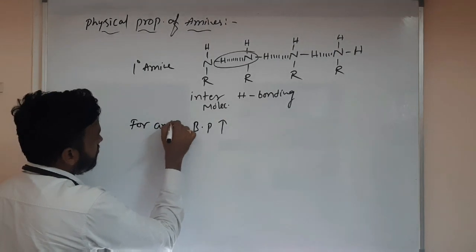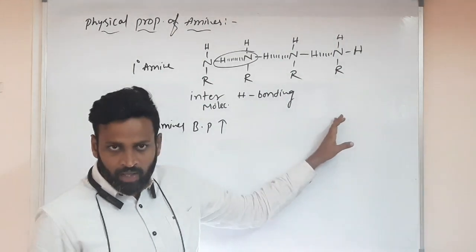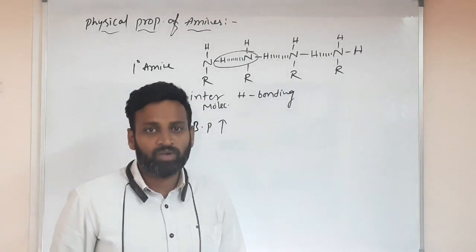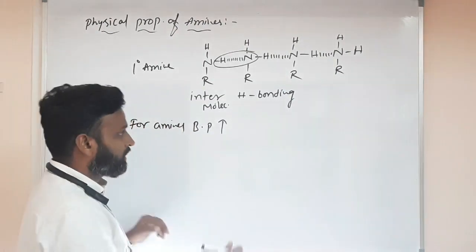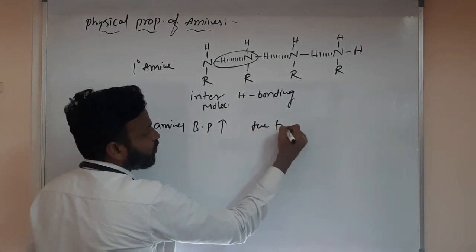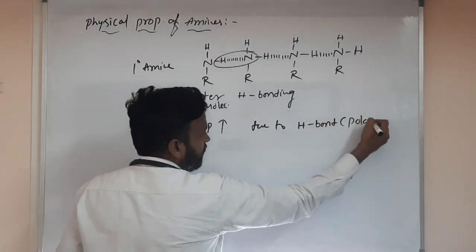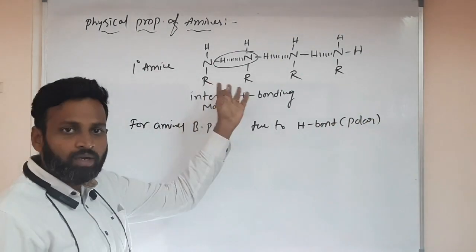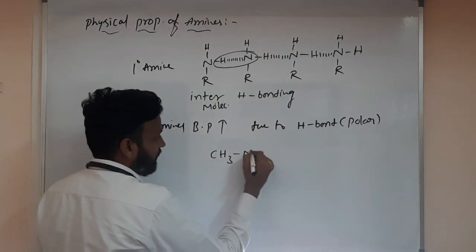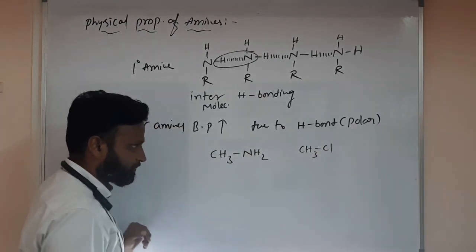Amine boiling points are very high compared with non-polar molecules of similar molecular weight that don't have this kind of hydrogen bond. So amines have a higher boiling point due to hydrogen bonding. Suppose you take CH3NH2 and CH3Cl.